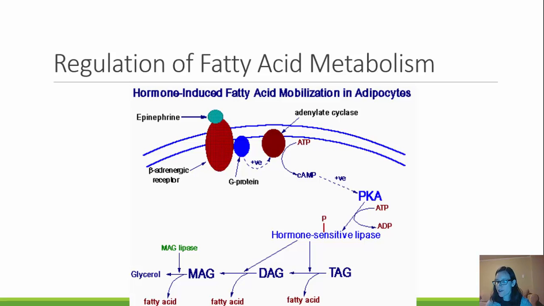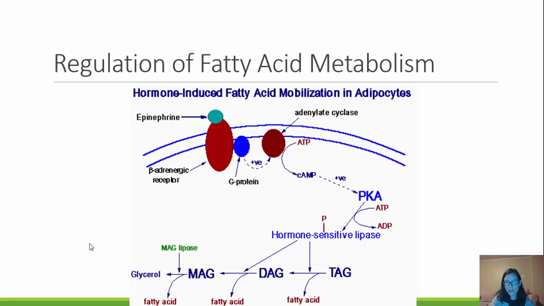So here's another way to put it. This is regulation of fatty acid synthesis by epinephrine. This is one of our stress hormones. So epinephrine binds to a receptor that leads to activation of adenylate cyclase and cAMP formation, which activates PKA and phosphorylates and activates hormone-sensitive lipase, which hydrolyzes fatty acids from triglycerides down to diglycerides and ultimately monoglycerides and glycerol.